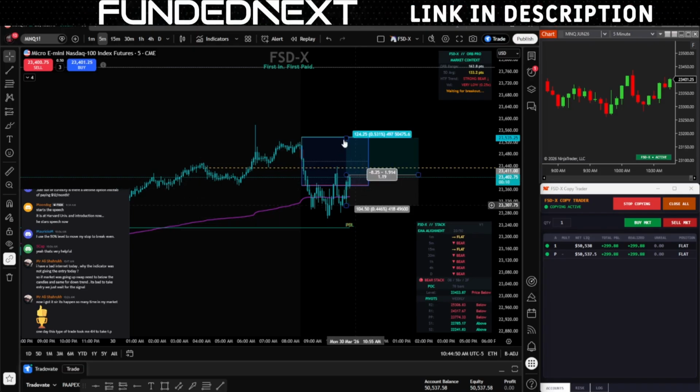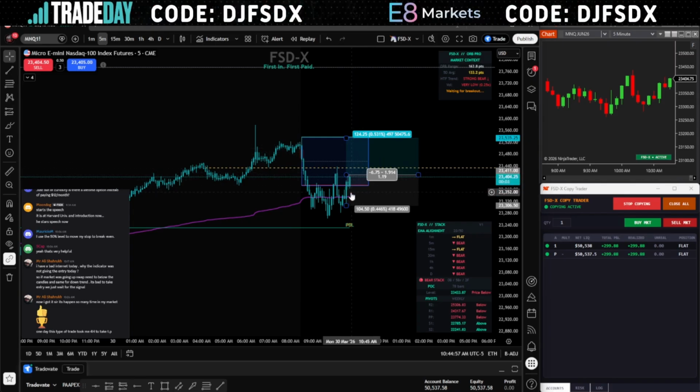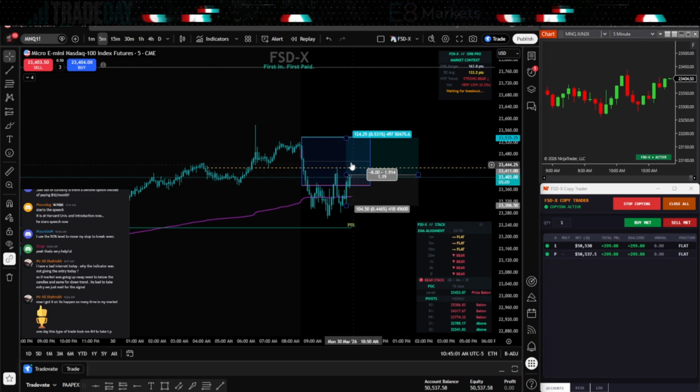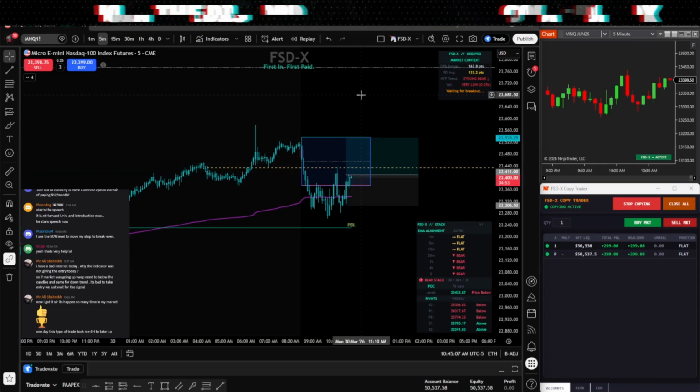The only thing that's good is you're not trying to catch a whole move, you're just trying to catch the top side of ORB. Or the other thing you could do is wait for midline, then from midline you could ride to the top of ORB for the breakout.